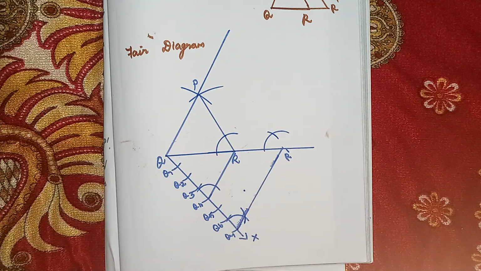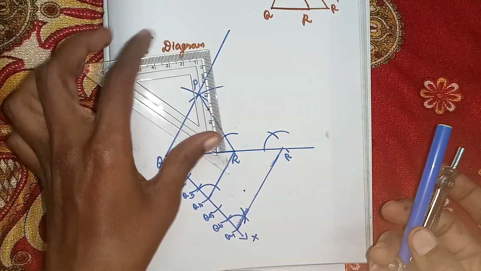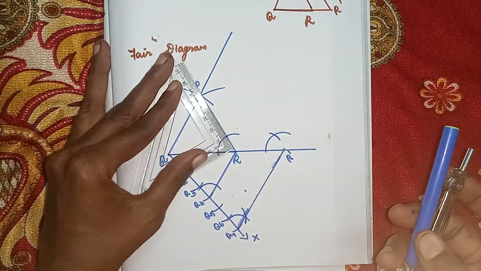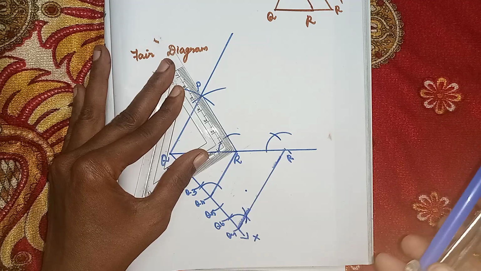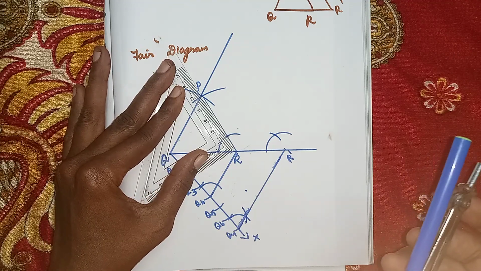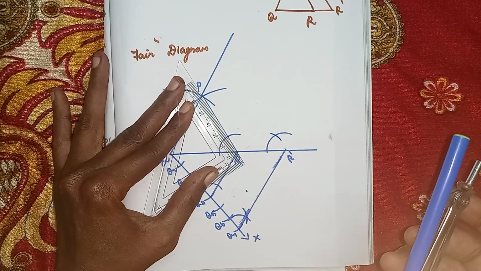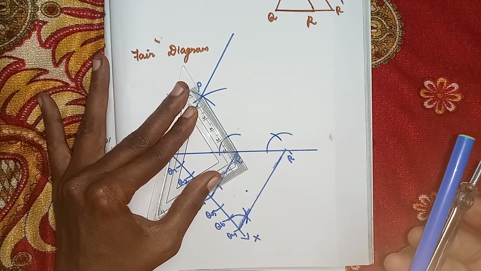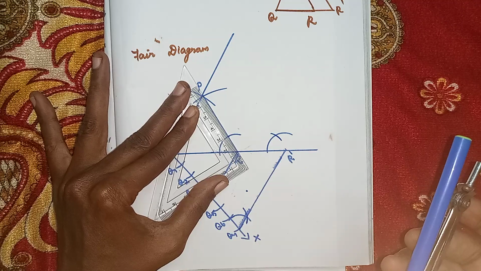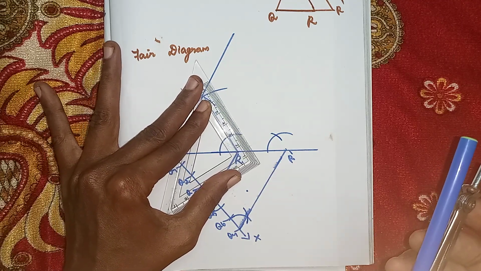Now, same like that, you have to keep the set square like this. Using the scale, the drawing will come correctly. Keep it and slowly move the set square till the point R dash.